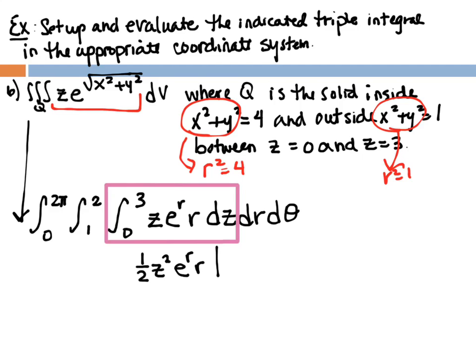Right. And I'm going to evaluate that at 3 down to 0. So what's that going to give me? 9/2. And the other component will be 0, because if you let z equal 0, it goes away. So I have 9/2 now, and then I have e to the r times r.